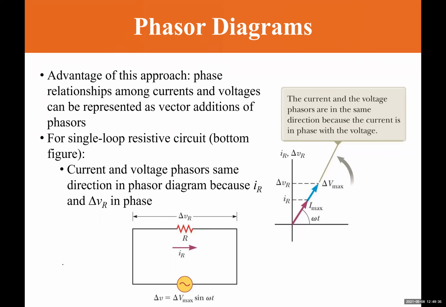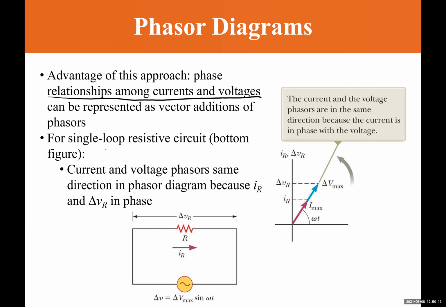Here is why I mentioned there's an advantage to this approach. The phase relationship among current and voltage can be represented as vector addition of phasors. For a single loop resistive circuit, like we have over here, the current and voltage phasors are in the same direction in the phasor diagram, because the current and the voltage are in phase. But I mentioned this specifically for a single resistor in the circuit.